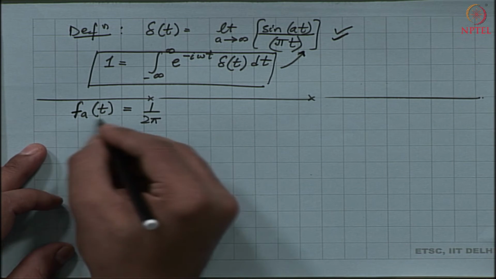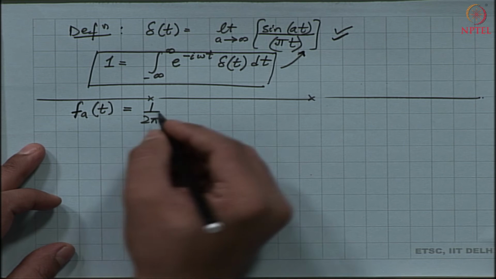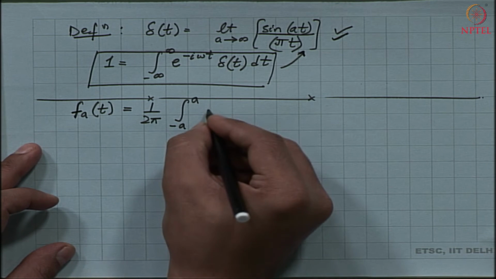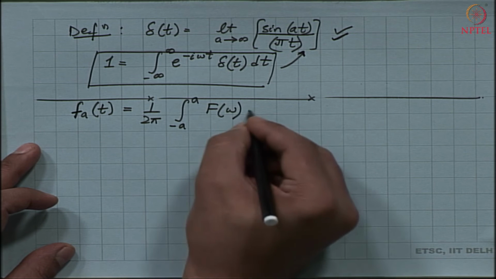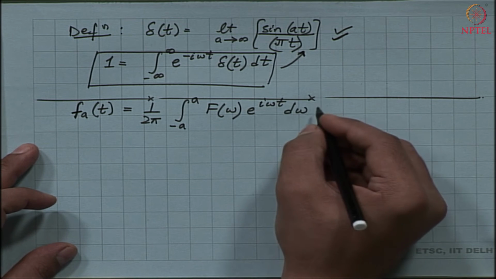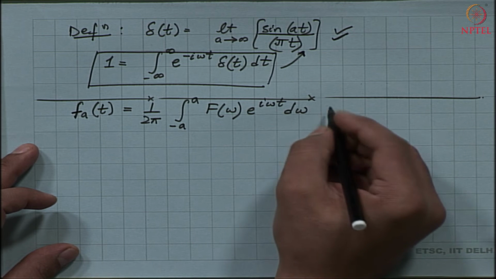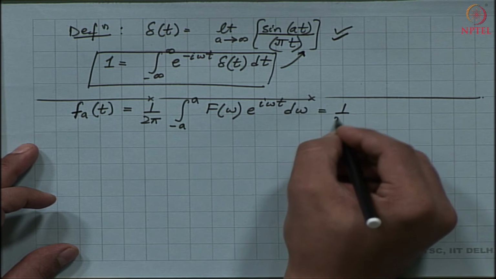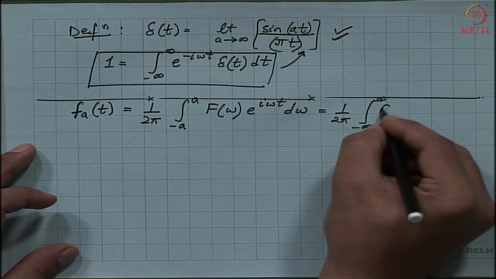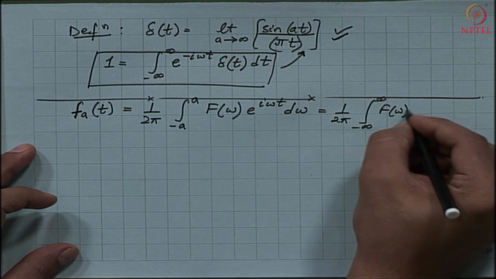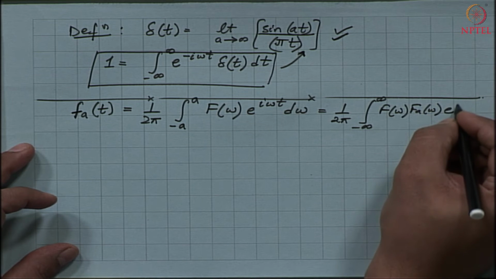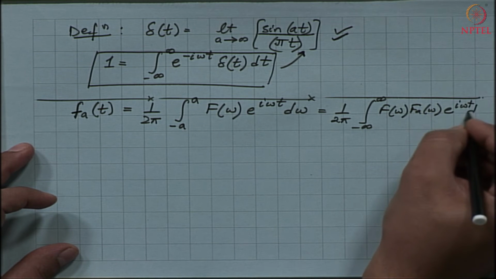So, my band limited signal f a of t is 1 by 2 pi, integral from minus a to a, times the gate function, e to the power I omega t d omega, and of course, this is also equal to 1 by 2 pi, integral from minus infinity to infinity of F omega F a omega e to the power I omega t d omega.